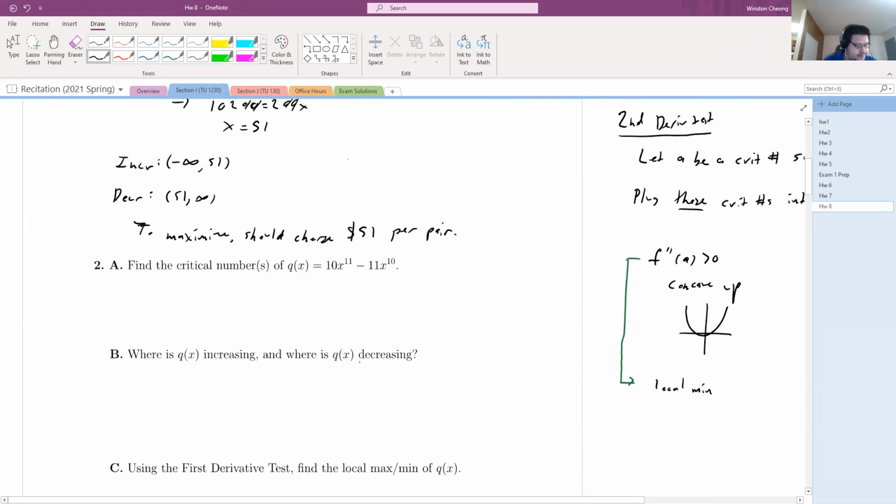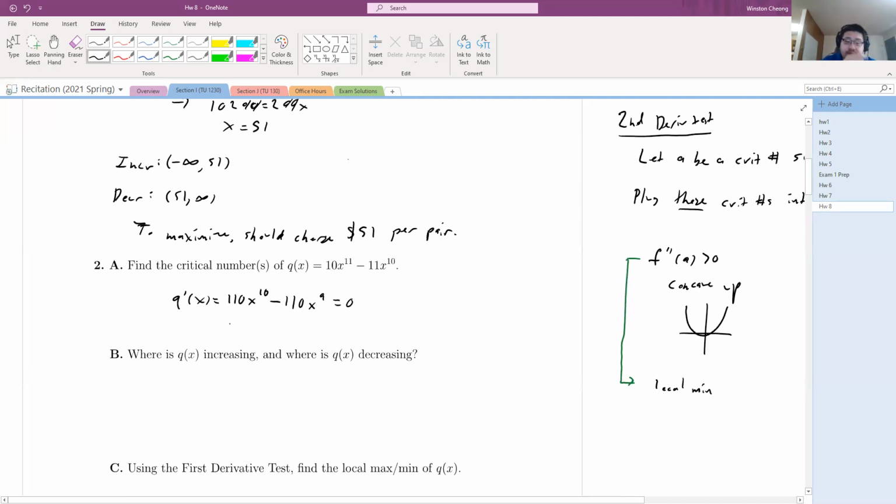Number 2 starts off pretty much the same. Okay, so finding critical numbers. Again, what we do is we take the derivative and set it equal to 0. So the derivative is going to be 110x to the 10 minus 110x to the 9, which we would set equal to 0.